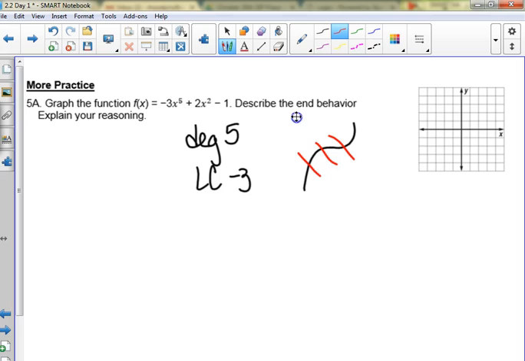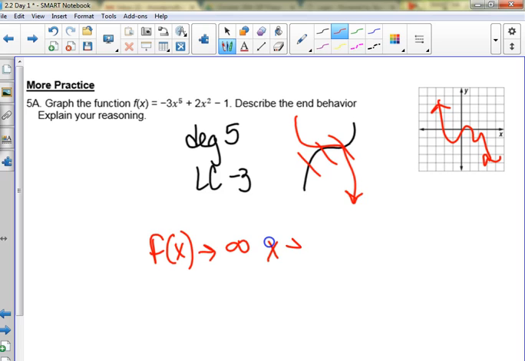Because of the negative leading coefficient, it's going this way. So I don't know what it's looking like, but it's going this way. So describe the end behavior to me. F of x approaches, how do I write the rest of that? Okay, on the left, it's going up. F of x approaches negative infinity as we go to the right.